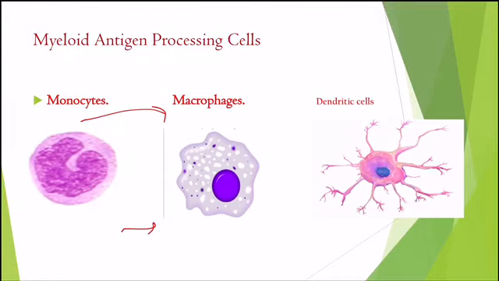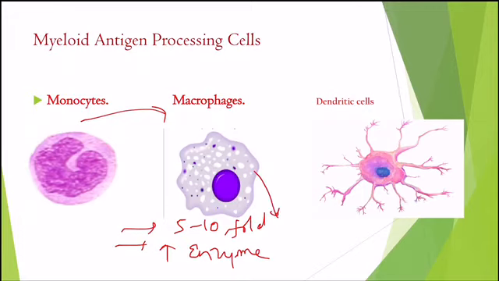The cell increases in size by 5 to 10 fold, the intracellular granules increase in number, and phagocytic ability increases. The macrophages produce high levels of hydrolytic enzymes and are able to secrete a variety of soluble factors.